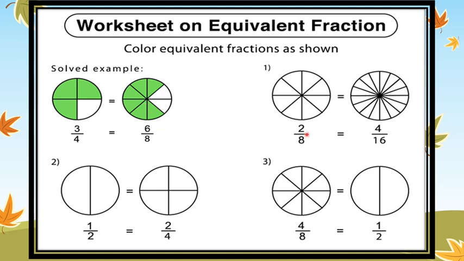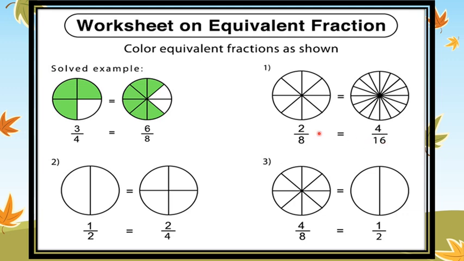The first question says 2 upon 8. That means 2 parts out of 8 equal parts need to be shaded over here. And here 4 parts out of 16 parts need to be shaded. So the question is 2 upon 8 is equivalent to 4 upon 16.